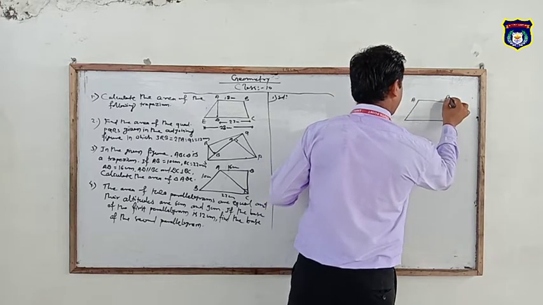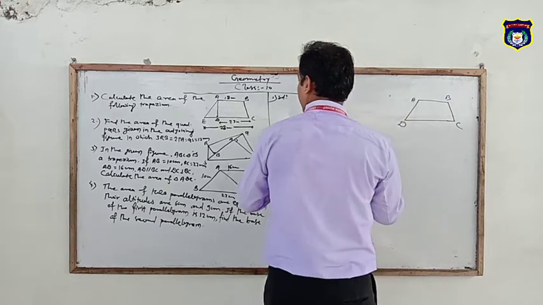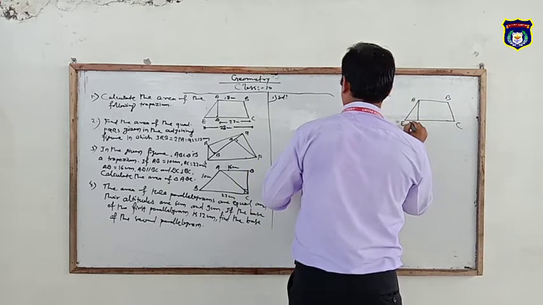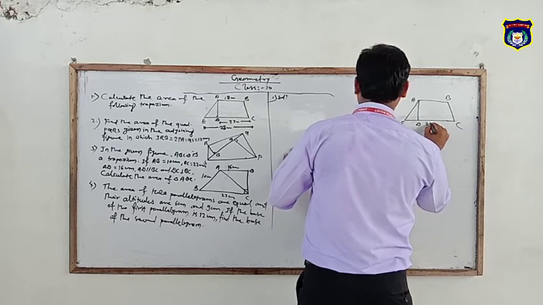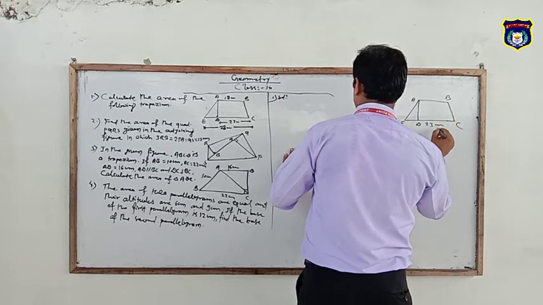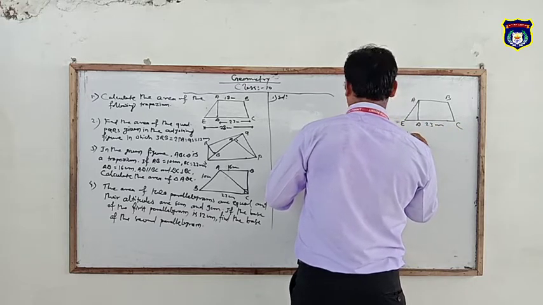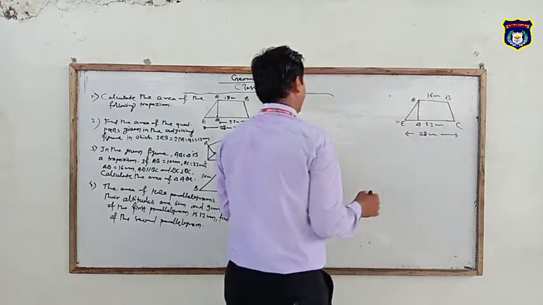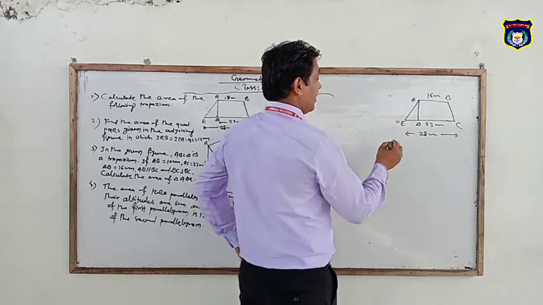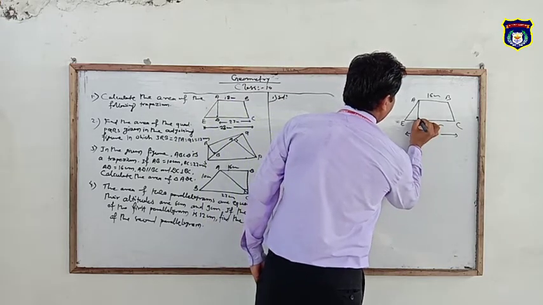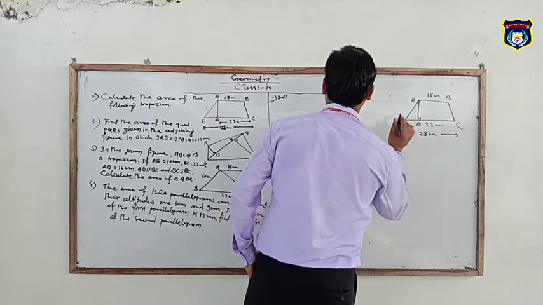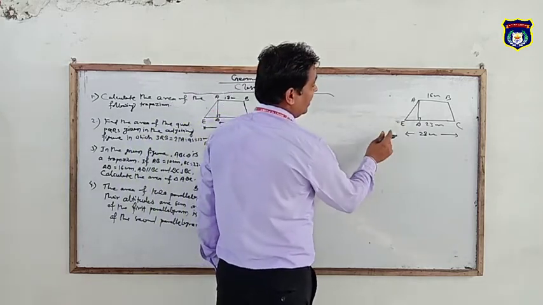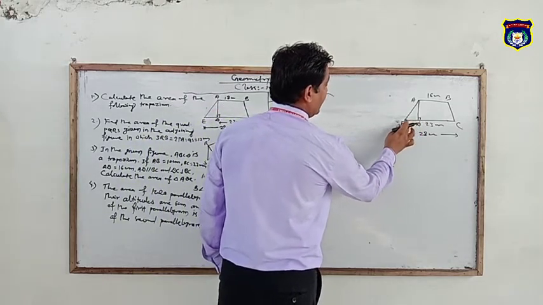A, B, C, D. There is 23 centimeter BC, and this is 28 centimeter, 16 centimeter, and there is AD. First of all, you can find the AD.